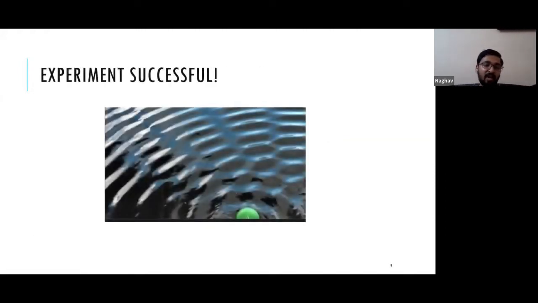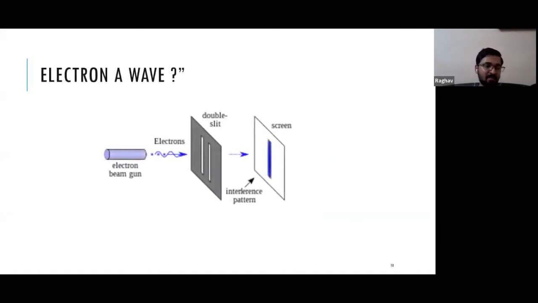He concluded that light is a wave because it shows interference, like water waves. You can see here how water waves have crests and troughs and in between. So Young's double-slit experiment was quite successful, and people said, okay, light is a wave. But the puzzle didn't end here.